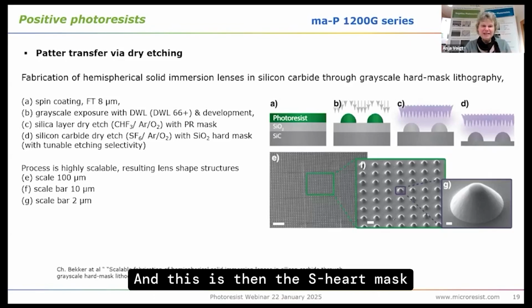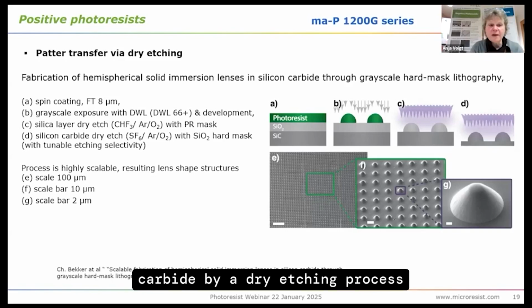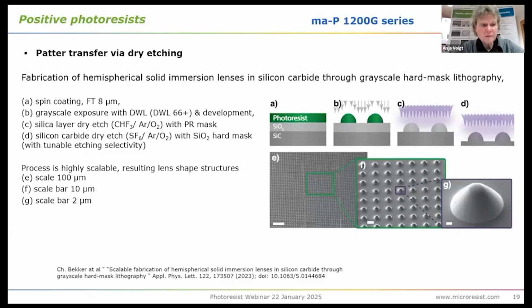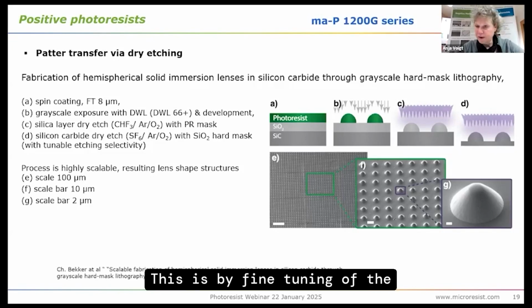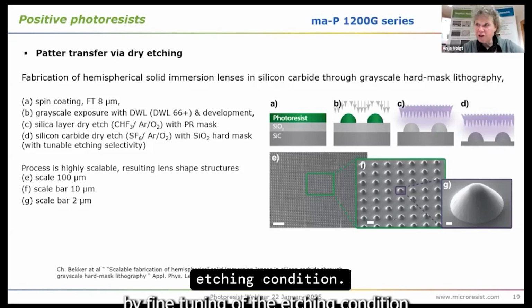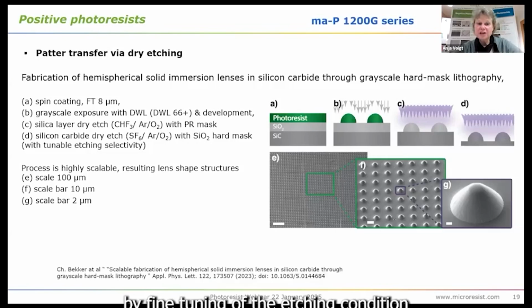And this is then used as a hard mask to finally pattern the silicon carbide by a dry etching process underneath.